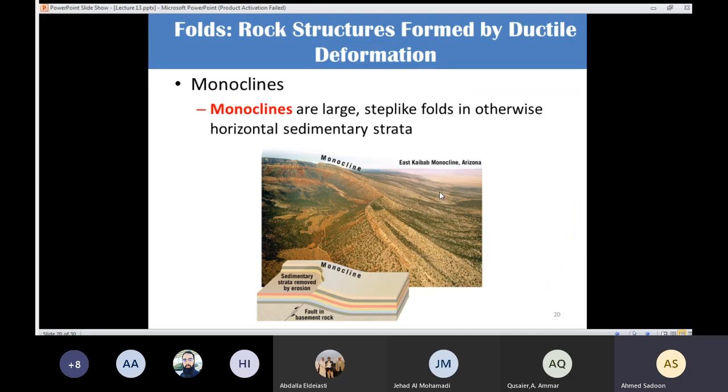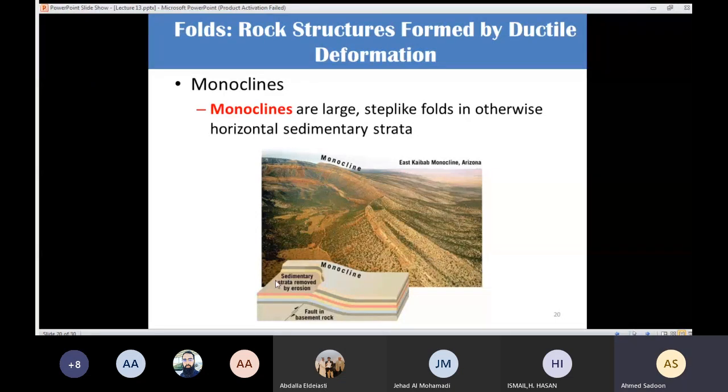The monocline is very large, and it looks like a step, not like a wave. So if you have a large area that looks like a step, and you have horizontal sedimentary strata like this one, we call this a monocline.